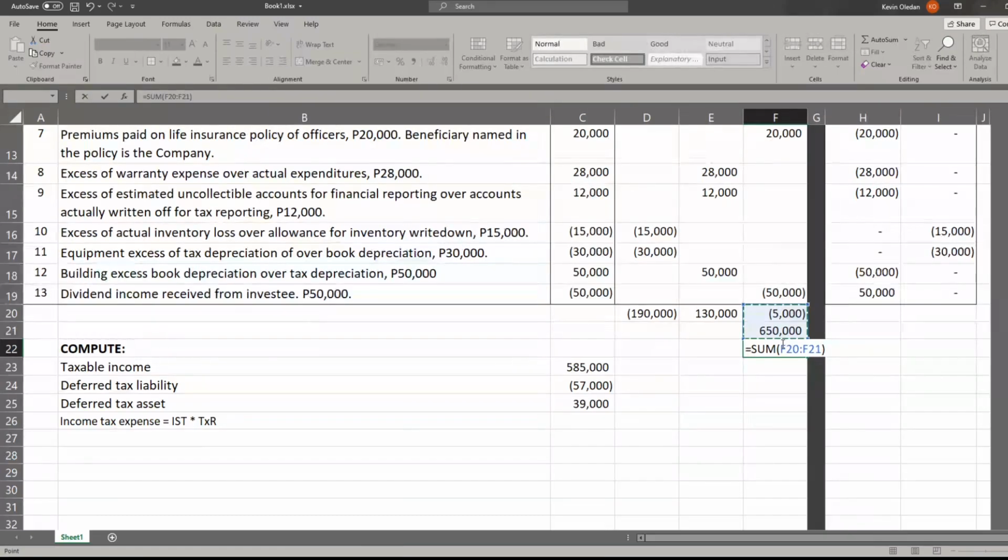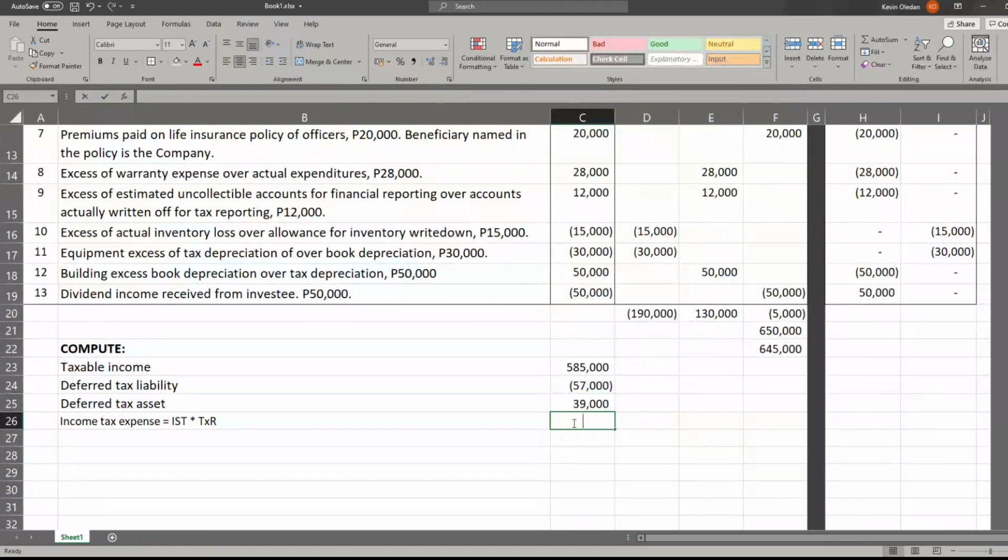Difference between permanent differences and earnings before tax. The amount you will get is the earnings subject to tax, 645. Income subject to tax multiplied by 30%. That should be your income tax expense.